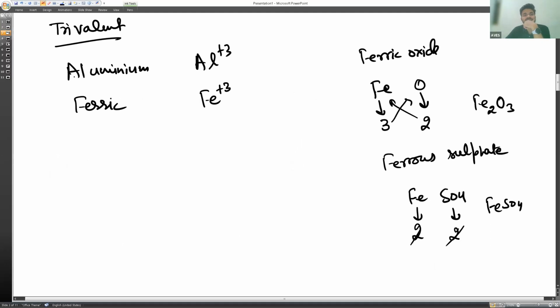Write down the formula of this trivalent. Aluminium and Fe have 3 valency. Ferric has 3 valency. When you are done, please let me know.